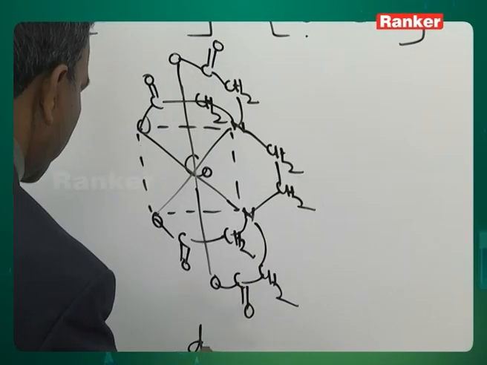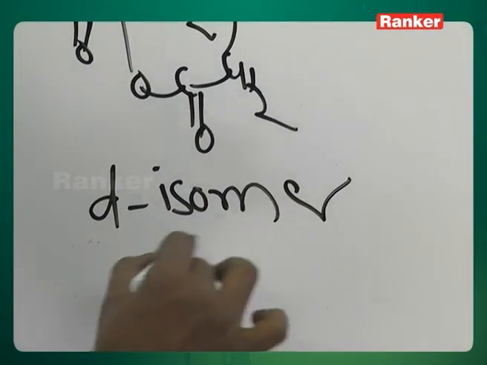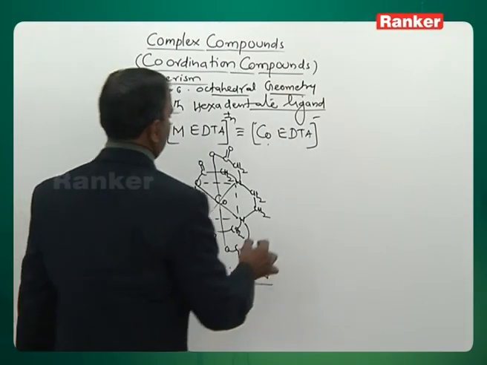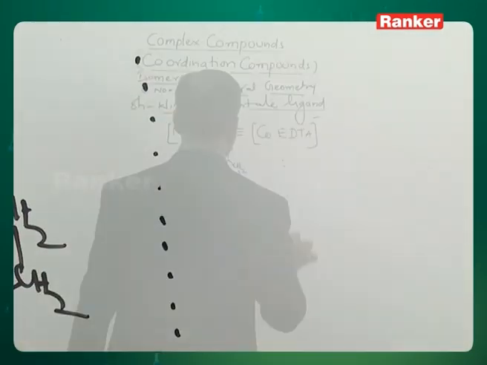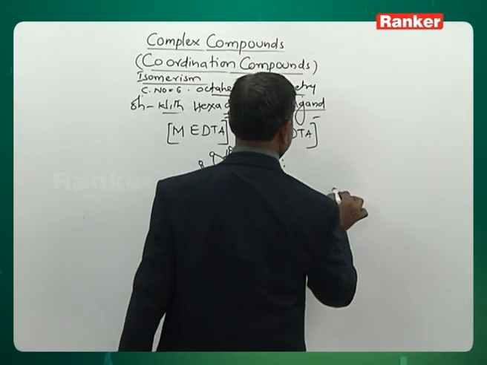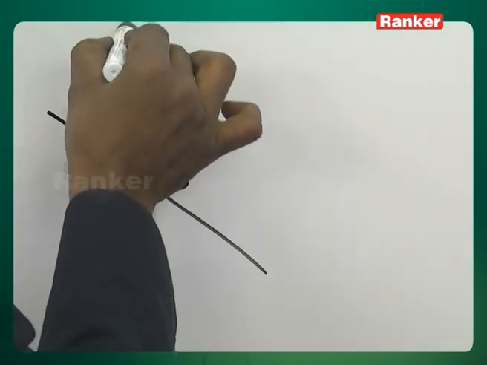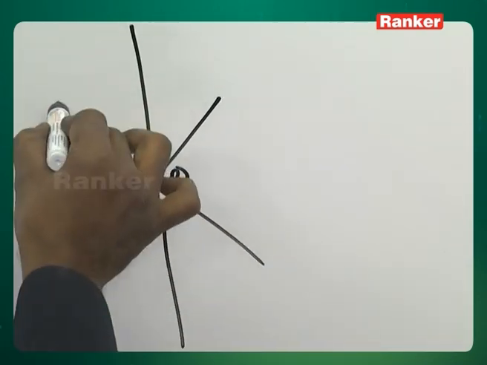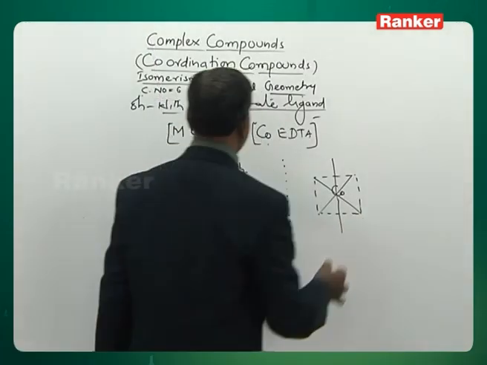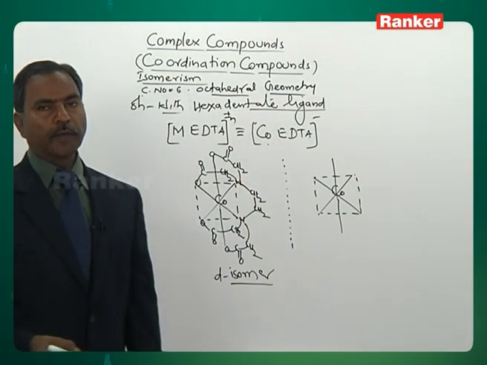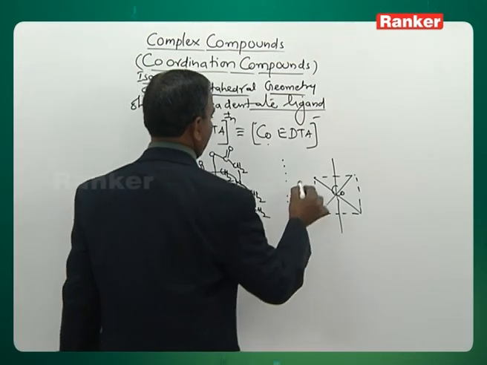Say D isomer. Come on, write the mirror image for this. L isomer. For the same mirror image, right, that will be representing L isomer.